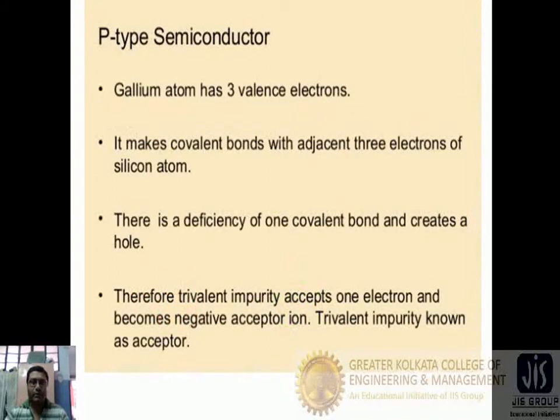A gallium atom has 3 valence electrons. It makes covalent bonds with 3 adjacent silicon atoms. There is a deficiency of one covalent bond, which creates a hole. Therefore, the trivalent impurity accepts 1 electron and becomes a negative acceptor ion. Trivalent impurity is known as the acceptor.